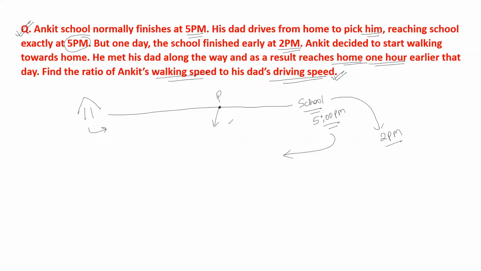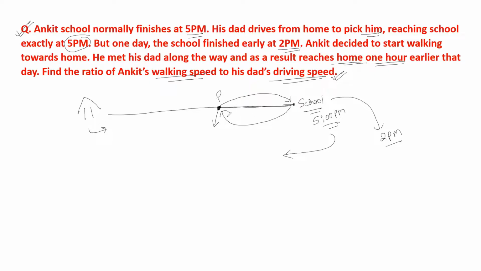Now it has been given that on that day Ankit was able to save 1 hour. So that means his father's car didn't have to drive this distance and back again this distance. So that means they saved traveling the distance from point P to school and from school to point P. And this back and forth time is the time which they saved and which has been given as 1 hour.